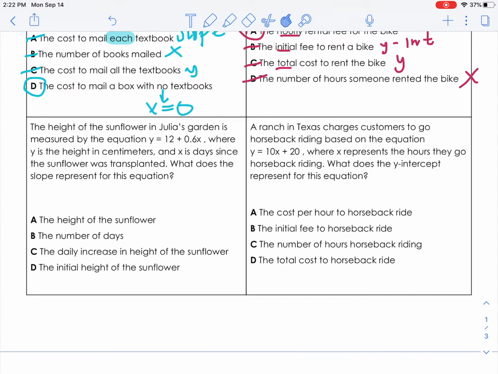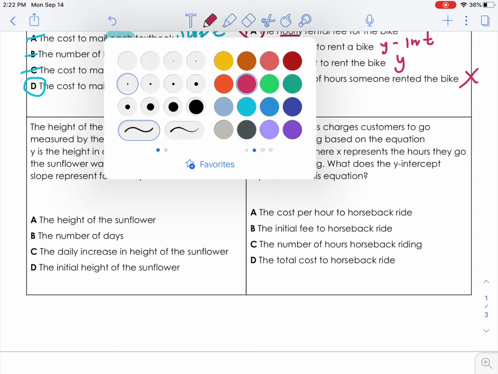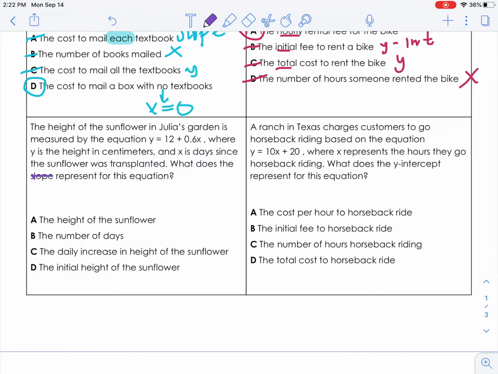All right, the height of a sunflower in Julia's garden is measured by this equation here, where y is the height in centimeters and x is the days since the sunflower was transplanted. What does the slope represent in the equation? All right, so we're looking for slope. Whoops, highlight it. Slope, okay? And so the slope would be, again, daily, hourly. We're going to look at all of our answer choices. The height of the sunflower, all right?